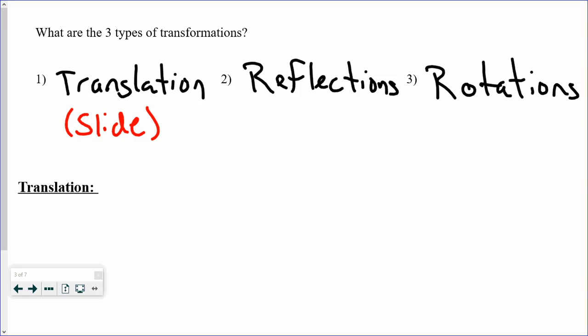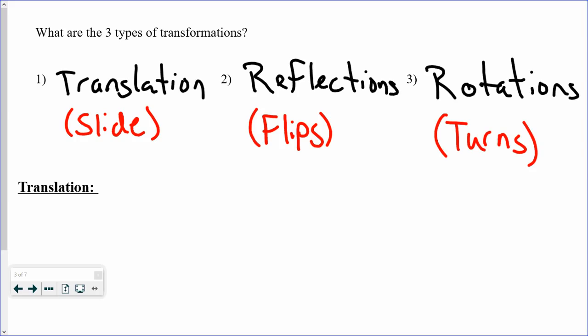Reflections are flips, and rotations are turns. And since these don't change the size or the shape of the figure, these are all basic rigid motions, or BRMs for short.